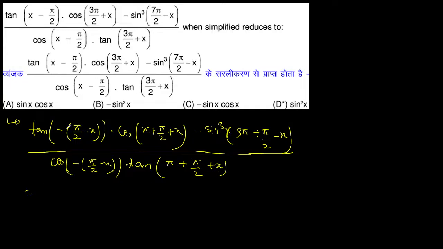So tan minus theta is minus tan pi by 2 minus x.